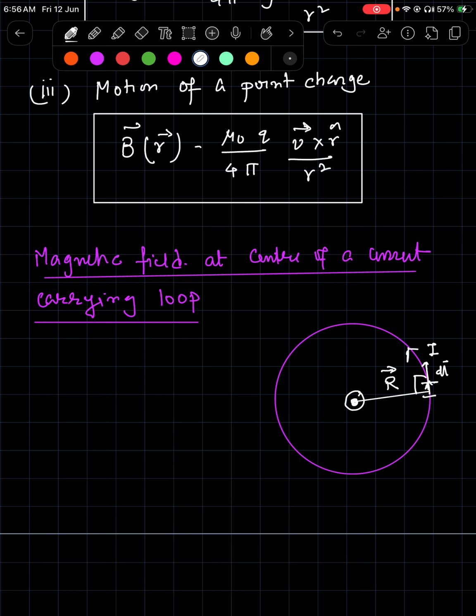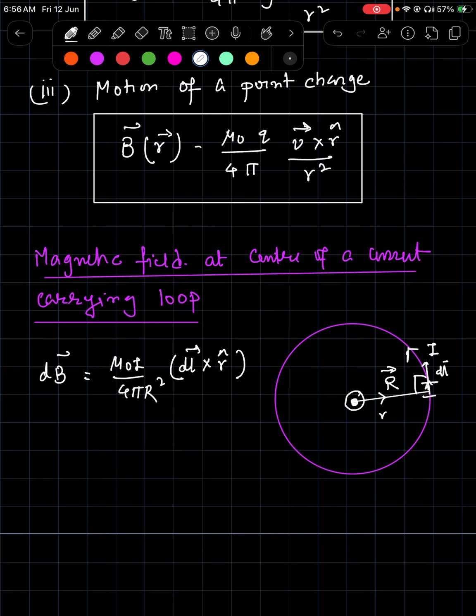It is obviously 90 degrees because dl is along the tangent of this circle. So dB, according to the Biot-Savart law, is mu I by 4 pi r squared, dl cross r cap.